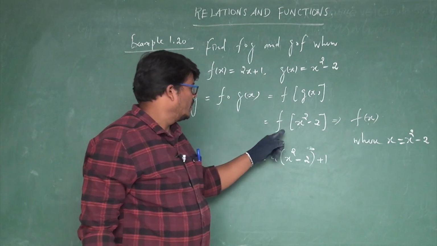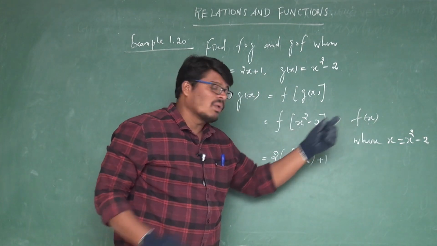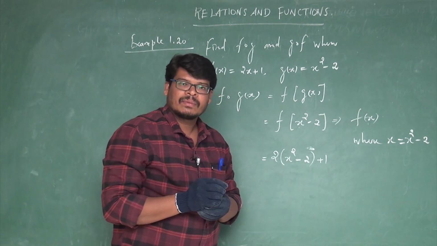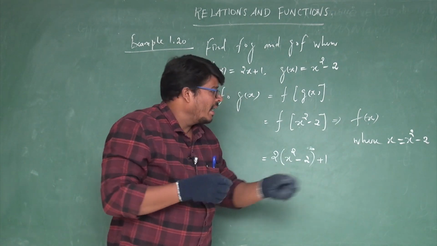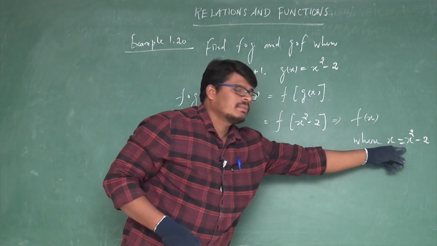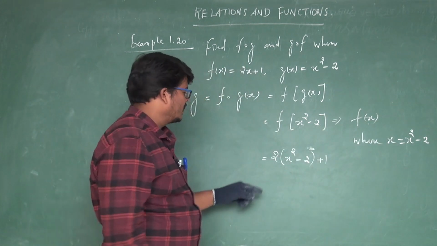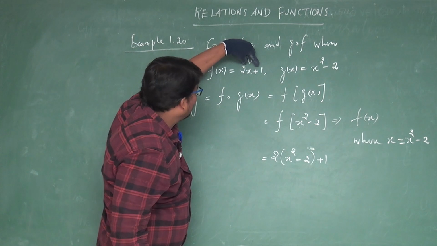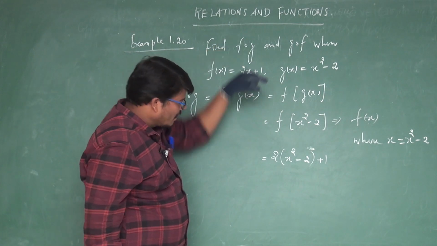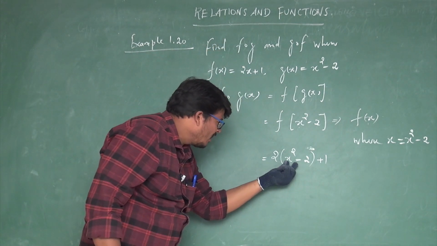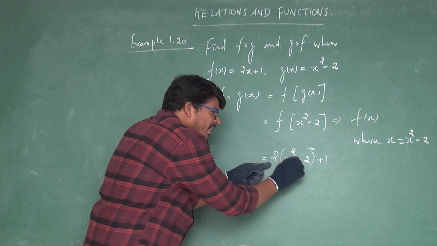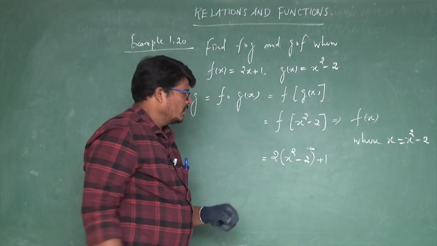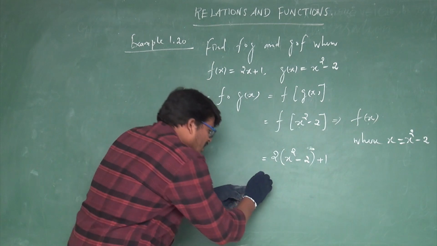So f of (x² − 2) is the function f(x) = 2x + 1, where x is replaced by x² − 2. Now substitute the value: 2(x² − 2) + 1.